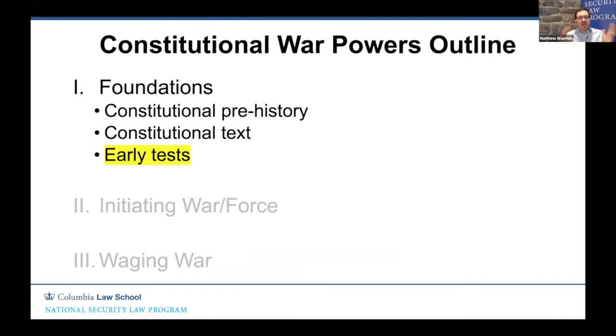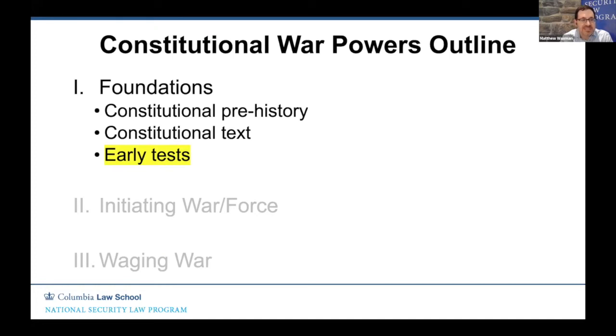So having talked about the text, I want to, before getting to some concluding points, talk about early practice, because the Constitution was a big experiment in governance generally, and I mentioned before that the new republic faced some serious security threats right off the bat.